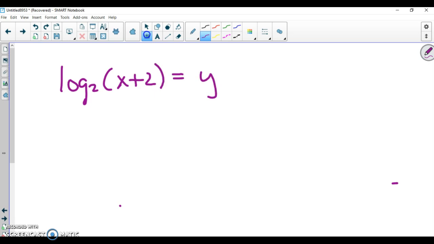What we're saying is 2 to some power is x plus 2. Well, 2 to any power, I want you to think about the restrictions on that. Can we ever get a negative value by taking 2 to a power? A negative power just gives us a fraction, getting smaller and smaller as x approaches negative infinity.